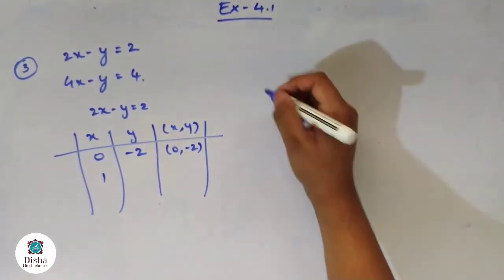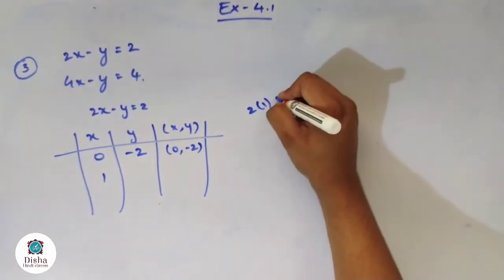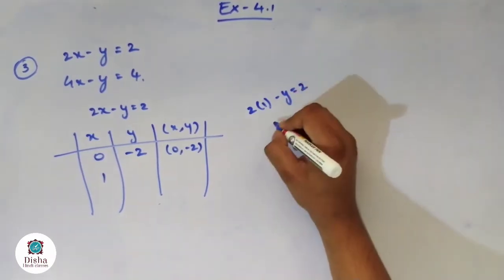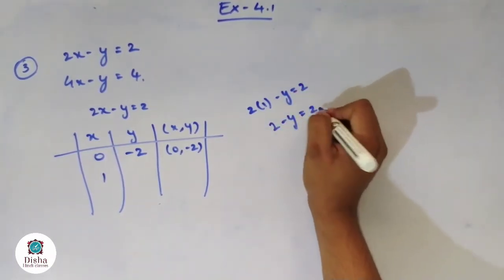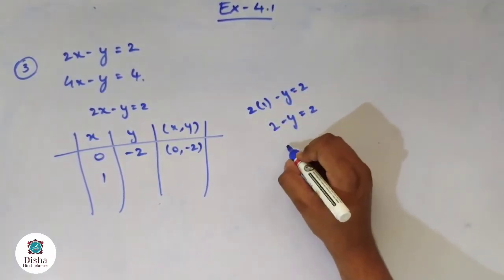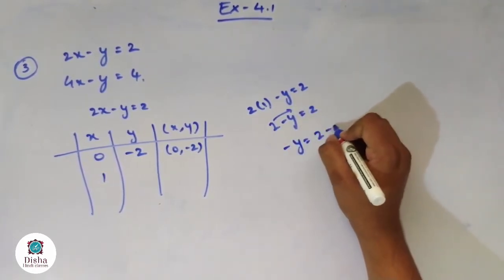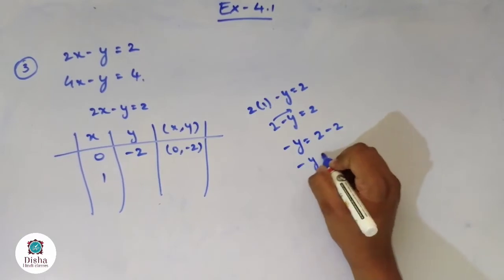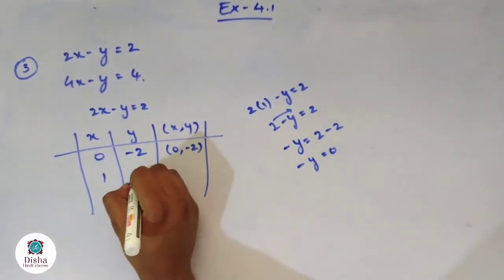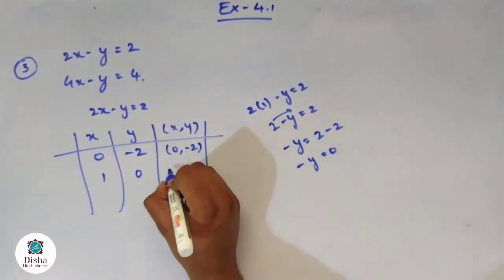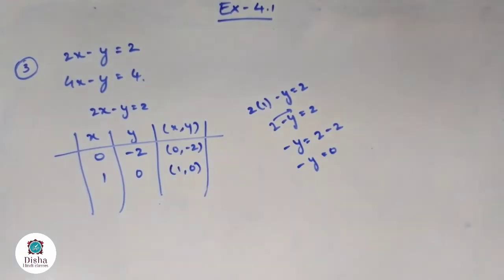If we take x equals 1, what will we get? 2 into 1 minus y equals 2. So 2 minus y equals 2. So minus y equals, this 2 will go to the RHS and it will become minus 2. So 2 minus 2, minus y equals 0. So here it will be 0. 1 comma 0.